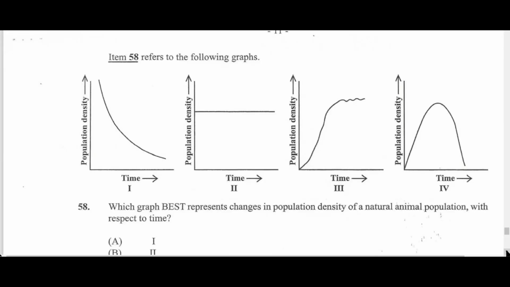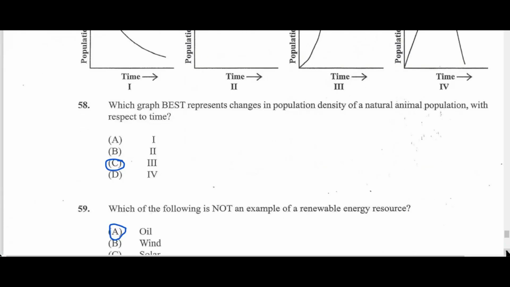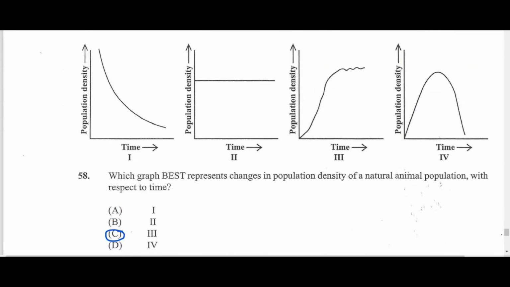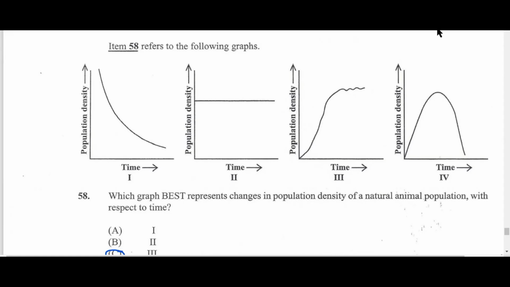58 refers to the following graph. Which graph best represents changes in population density of a natural animal population with respect to time? It's always going to be C for the answer, and it is graph 3. You'd understand that a population inhabiting anywhere will take on this S-curve model.